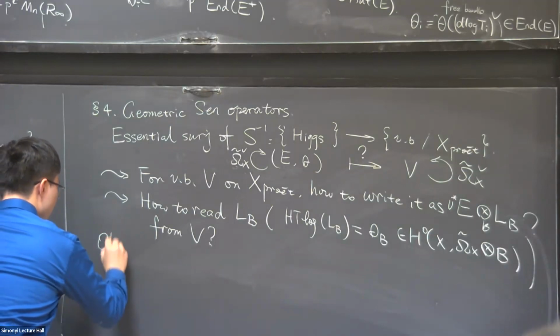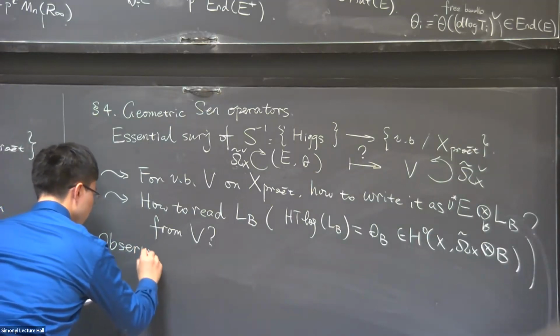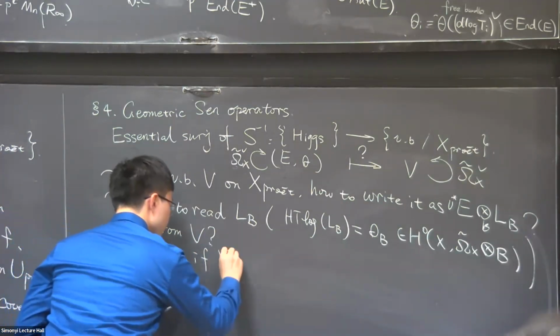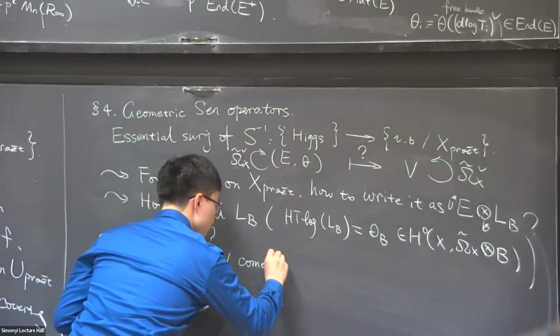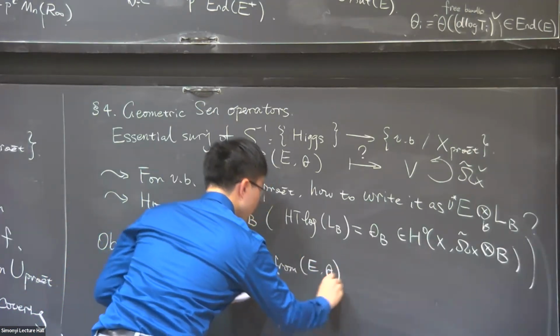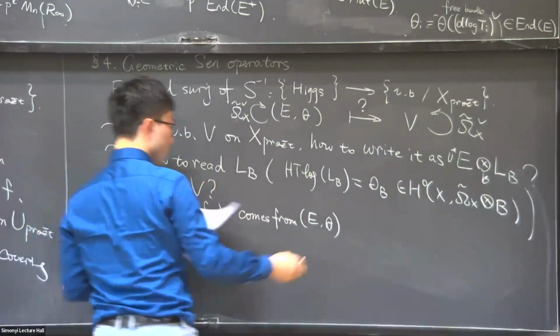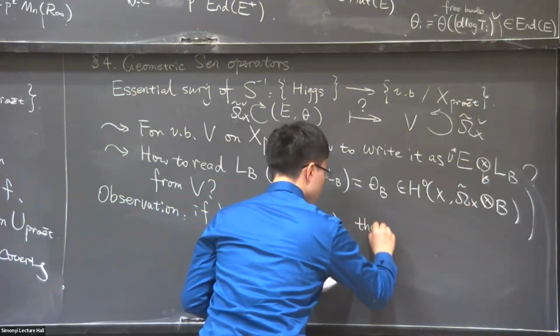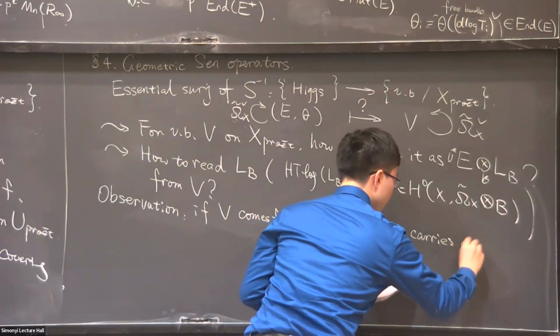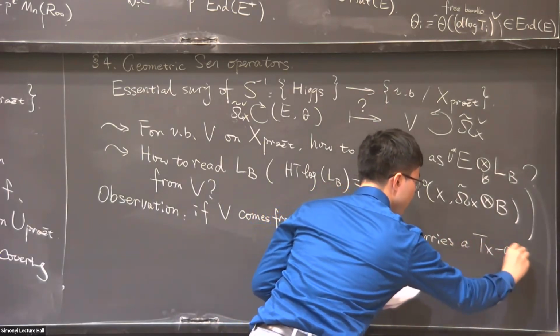So this is our observation: if V comes from E, theta, then it carries a Tx action.